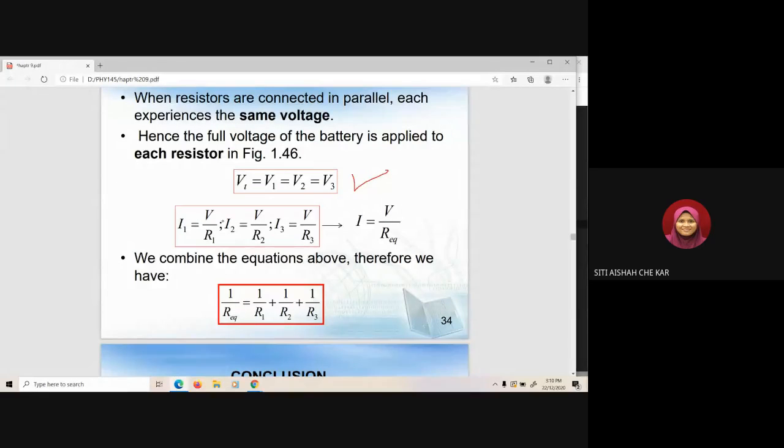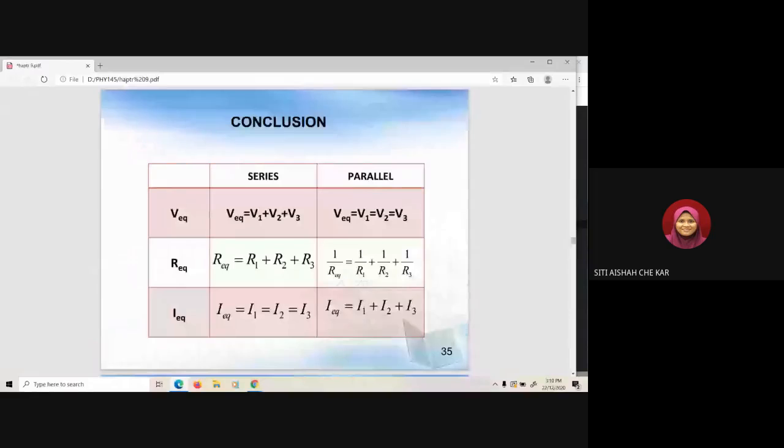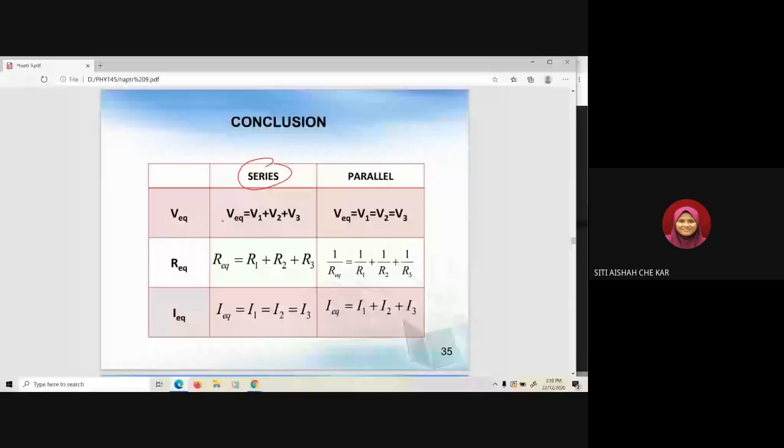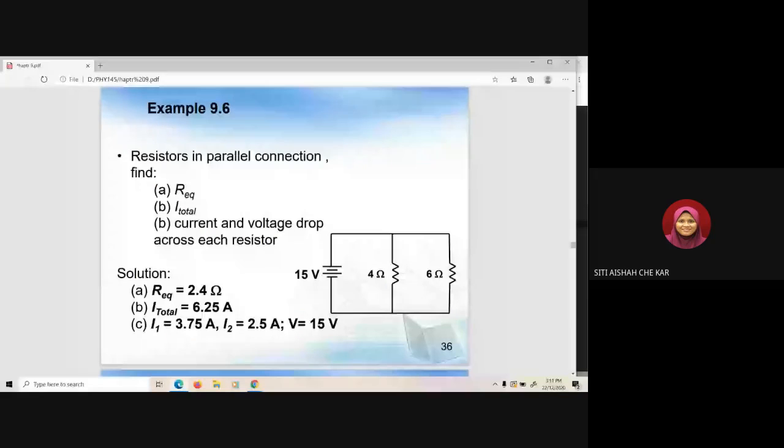But for resistor, equivalent is 1 over R1 plus 1 over R2 plus 1 over R3. Okay, so this is the conclusion of the difference between series circuit and parallel circuit. That's all. So this is the formula you have to know. Okay, this is example 6.1. You can do it later.